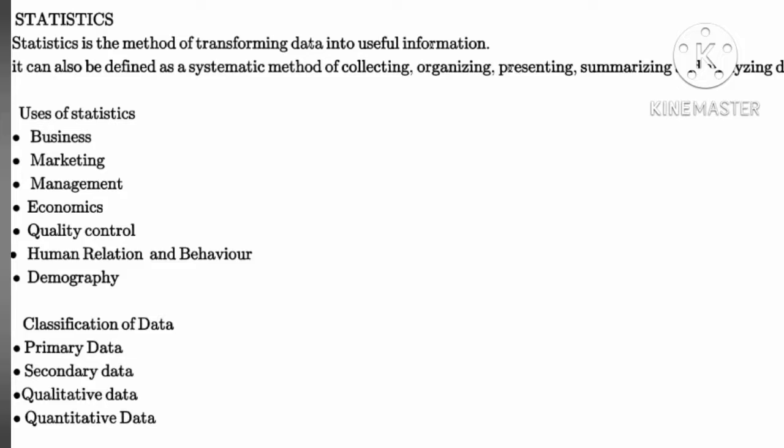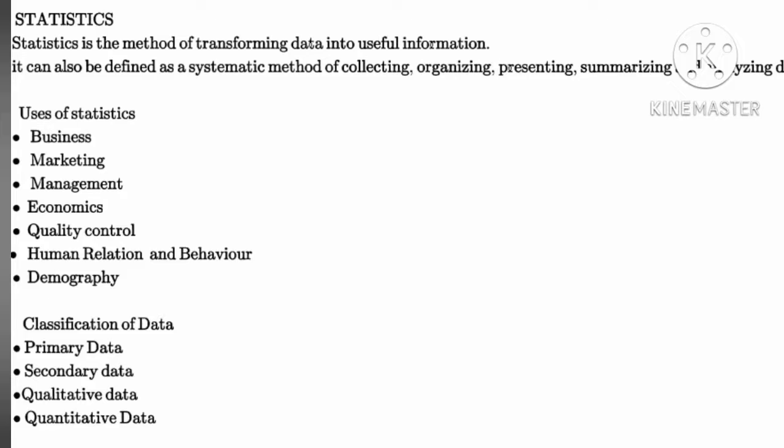For secondary data, they are already collected, documented data, that is, those that are documented already for some purpose by an individual or group, and are reused by another individual. So those data are already documented, and another person will come to use them.